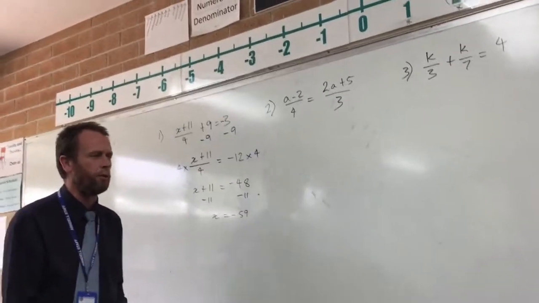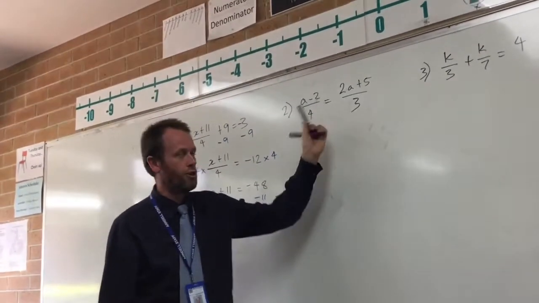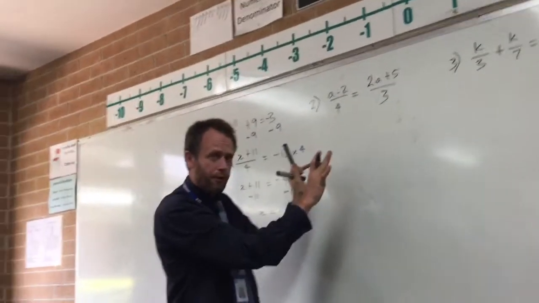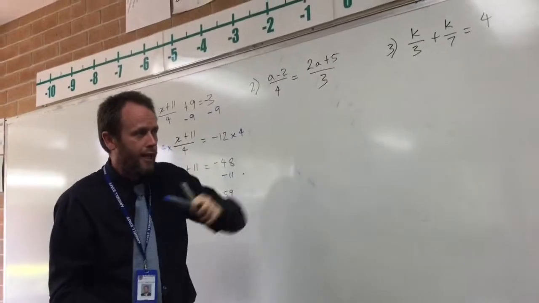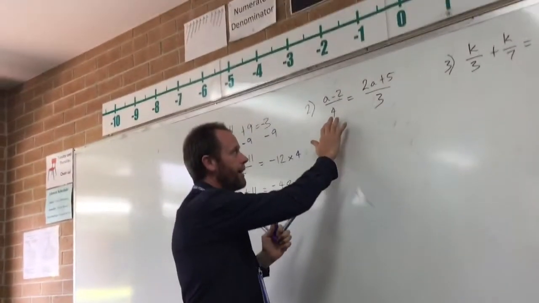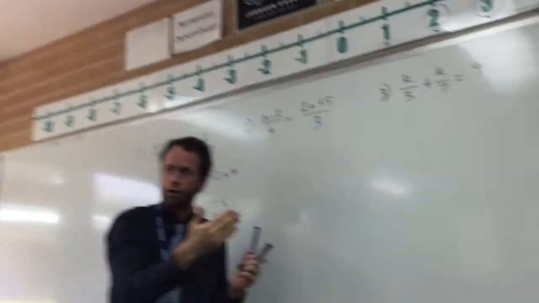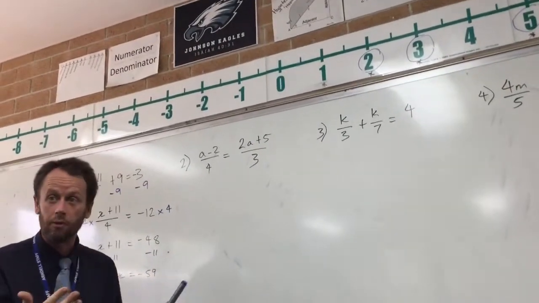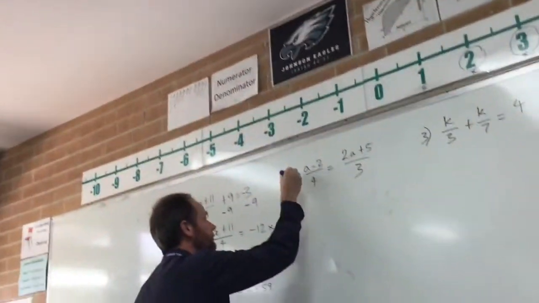What about our second example? This has got fractions on both sides. So we can't really simplify anything here, but what we can do is find the lowest common multiple. In this case, we've got 4 and 3. Simplest way to find that lowest common multiple in this case is just to multiply them together. So the lowest common multiple happens to be 12.